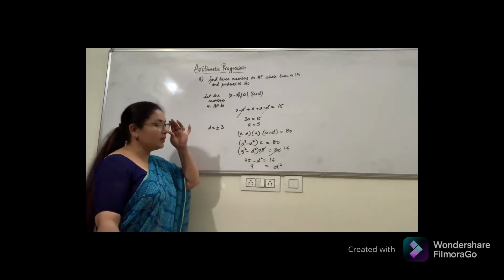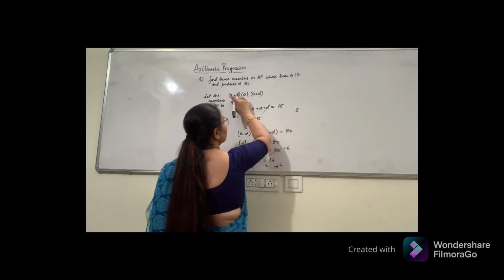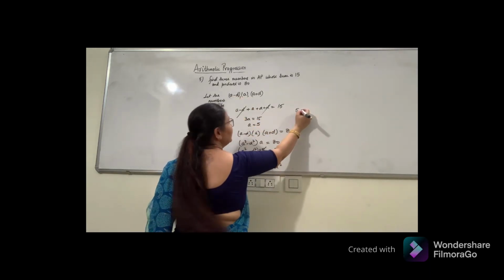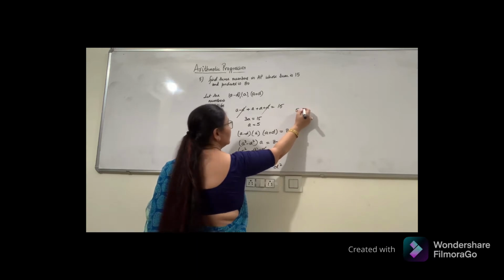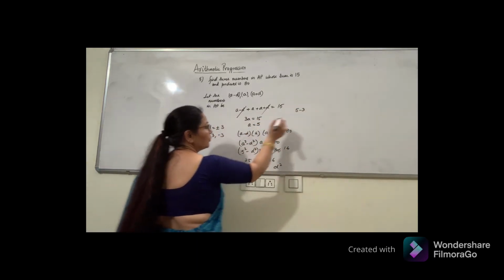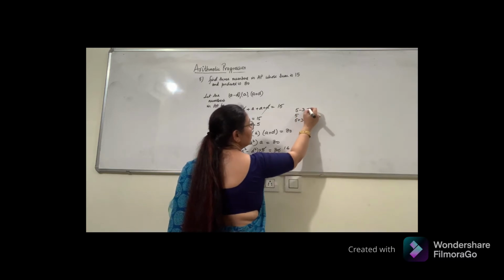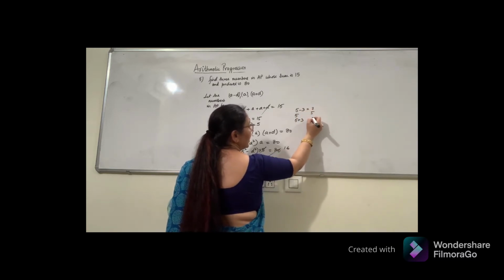So now can I evaluate these terms? Final answer. First term is 5 minus d. 5 minus d is 3. Positive 3. D की दो values हैं 3 and minus 3. So first we are taking d as this, है ना? And then 5 plus 3. So what are the numbers? 2, 5 and 8.